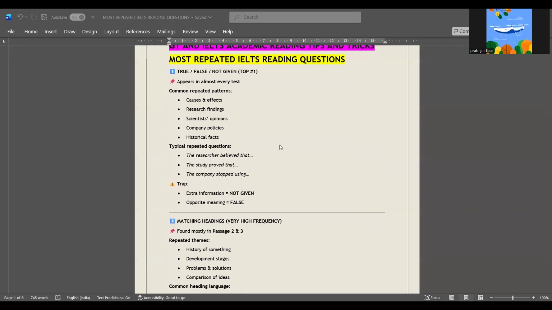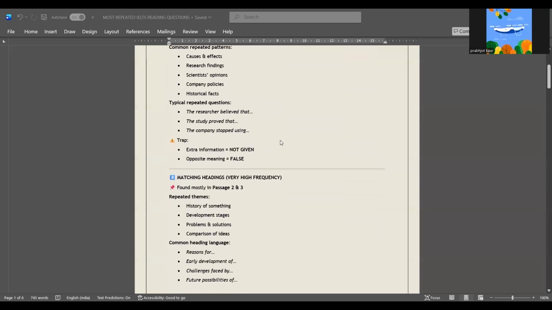That type of question you can see in True, False, Not Given. And there is a trap: extra information is always Not Given, and if there is the same meaning, the answer should be True, and opposite meaning, False.